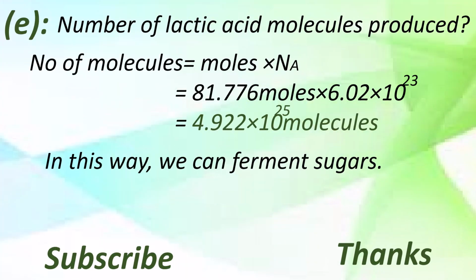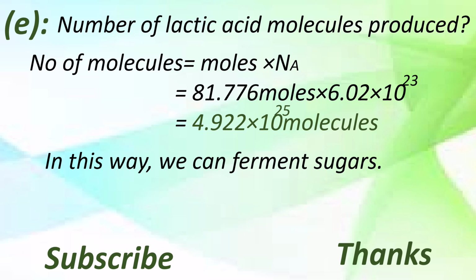Part E. Number of lactic acid molecules produced. We will apply the formula: number of molecules is equal to moles times Avogadro number. We write moles of lactic acid, 81.776 moles, times Avogadro number 6.02 exponent 23.